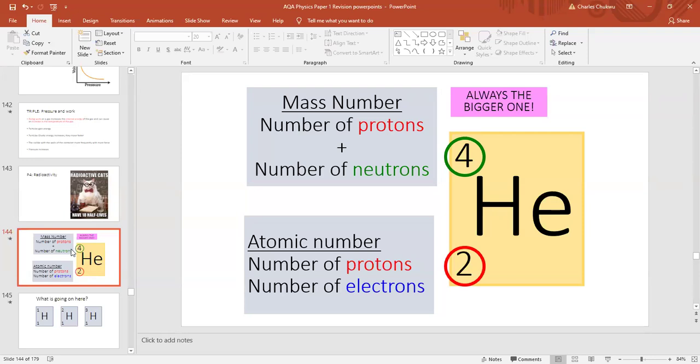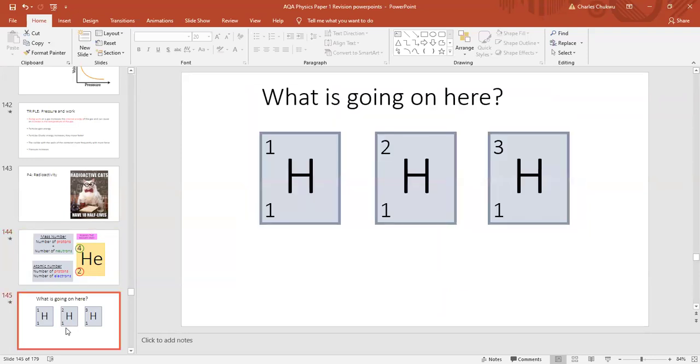The number of protons, which is also equal to the number of electrons, is the atomic number. Then the mass number is the number of protons plus the number of neutrons in the nucleus. So if you saw this diagram, what would you say is going on here?